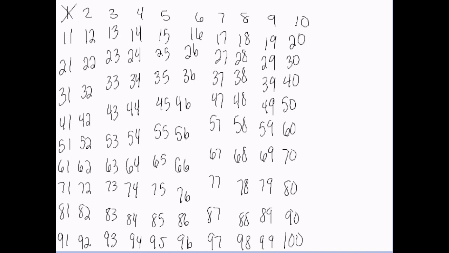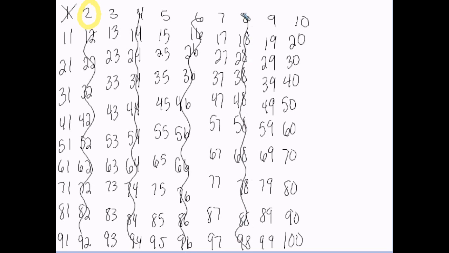So what I do is I circle 2. Now, anything that divides by 2 can't be prime. So I can get rid of every other even number on this list, because none of them are prime.